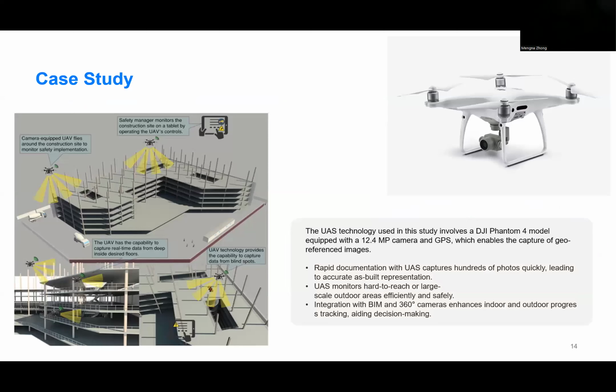Here is another case study that uses those technologies in construction. This study involved a DJI Phantom 4 model, which is this guy here, equipped with a 20.4 MP camera and GPS, which can capture geo-referenced images.